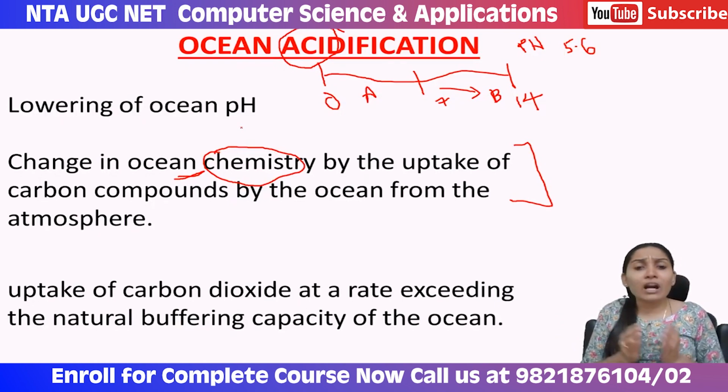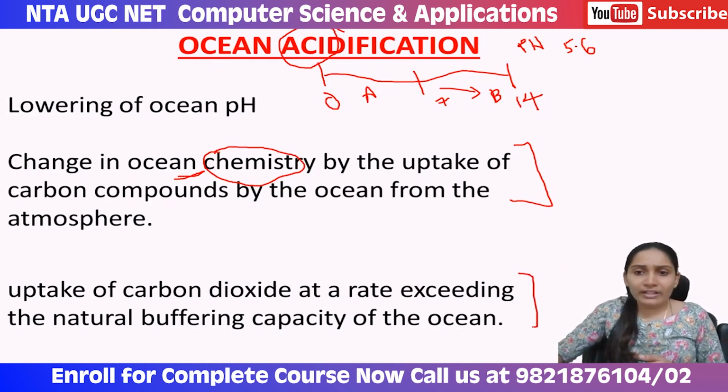Now, uptake of carbon dioxide at a rate exceeding the natural buffering capacity of the ocean. Here, we have already discussed a concept called equilibrium. When did we discuss equilibrium? We discussed it when we discussed global warming and ozone depletion.